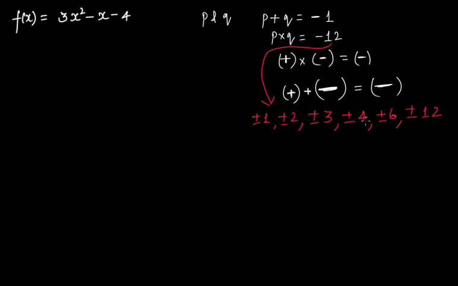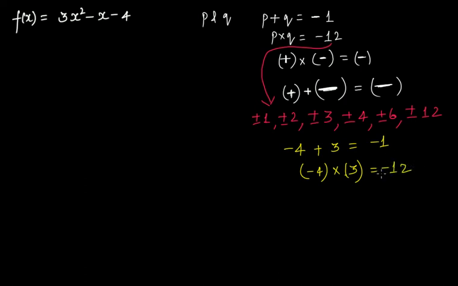The negative number is greater than the positive number. Only two numbers will fulfill these two conditions, that is minus 4 and plus 3, because minus 4 plus 3 is equal to minus 1 and minus 4 multiplied by 3 is equal to minus 12.